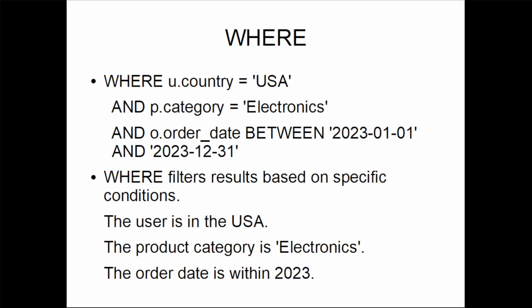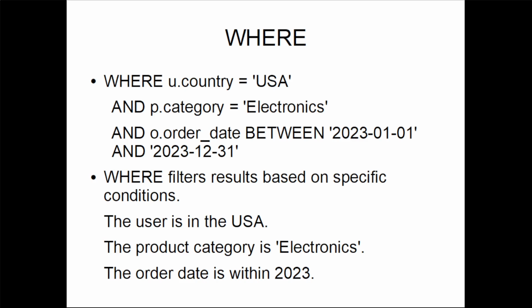The where clause is crucial because it determines which rows are included in the result set. Instead of retrieving all data, it filters records based on specific conditions. In this case, we are applying 3 filters. The user must be in the USA. The product must belong to the electronics category.